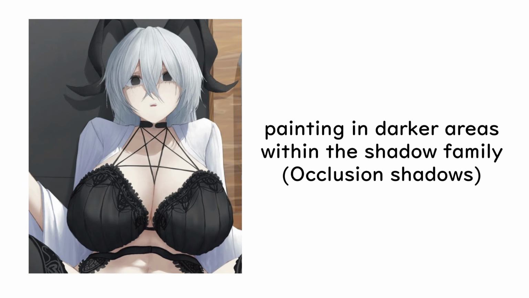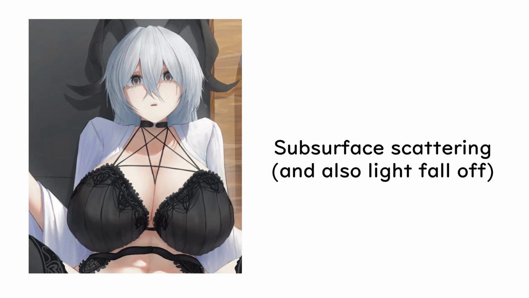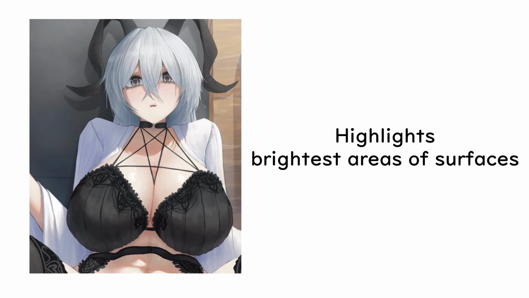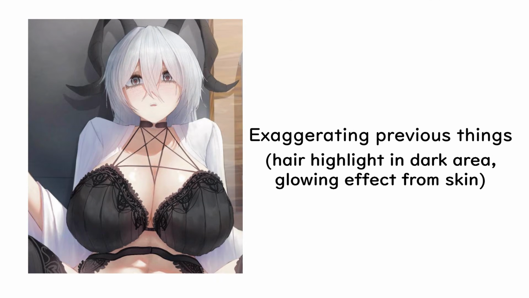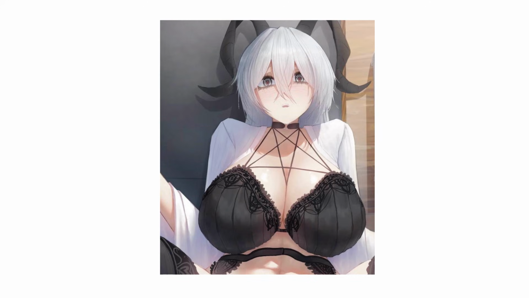I then start doing the darker areas within the shadows, like the occlusion shadows. After that, I do the environmental lighting, like the reflective light and the ambient light. Then I add the subsurface scattering. And then I finish it off with the strong highlights. Then I also add a few little things that don't necessarily make sense just because it looks nice. You know, a bit of stylization. And yeah, that's basically how I do lighting.